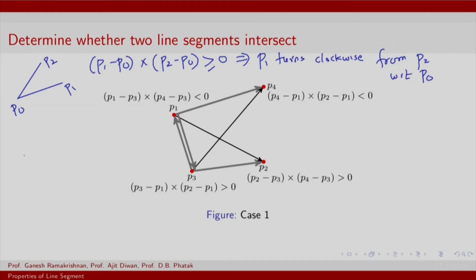The motivation is to see if the points P1 and P2 lie on opposite sides of the line P3 P4, and also simultaneously the points P3 and P4 lie on opposite sides of the line P1 P2.